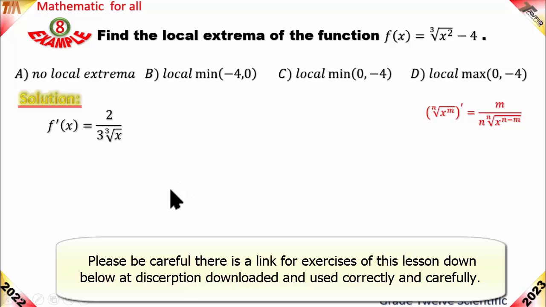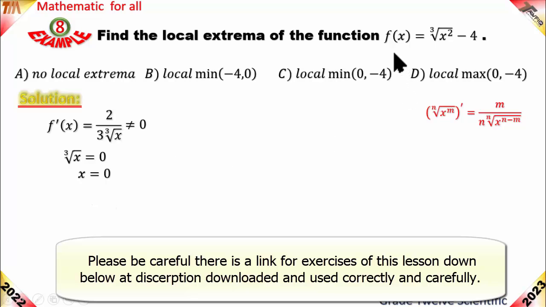Now, because the numerator of this function is constant, it is not equal to 0. Now we are searching for the value of x which makes f prime of x undefined. To do that, take the denominator equal to 0. That means the cube root of x is equal to 0, that means x is equal to 0.